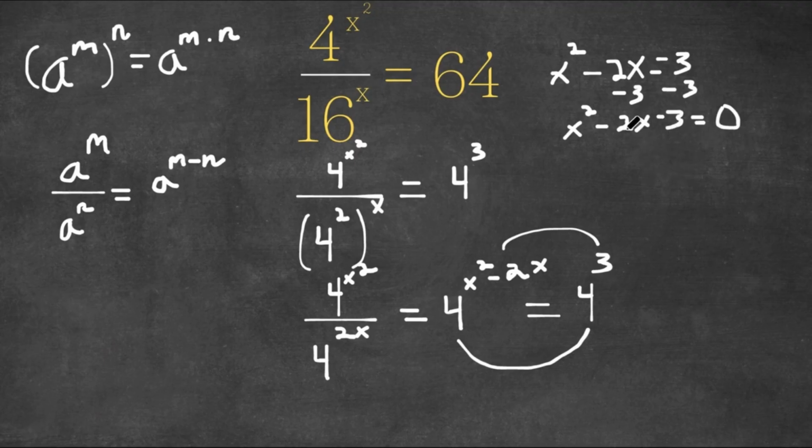So negative b, well, b is negative 2, so negative of negative 2 is positive 2, plus or minus the square root of b squared, so negative 2 squared, which is 4, minus 4 times a, which is 1, times c, which is negative 3.